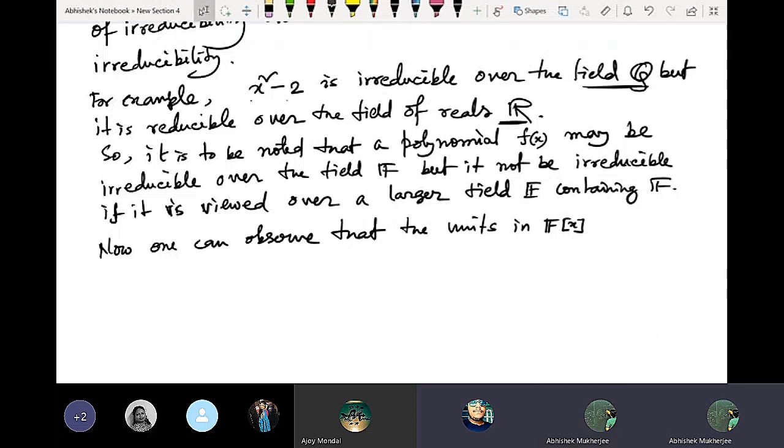Unit means a non-zero element which has a multiplicative inverse. Right?